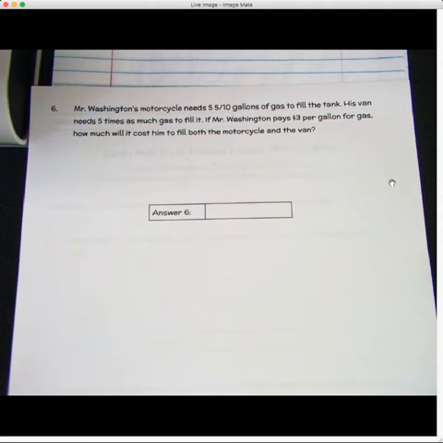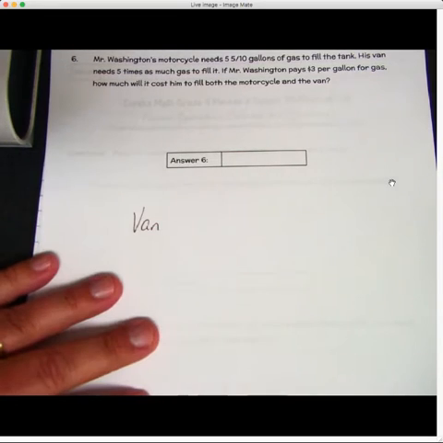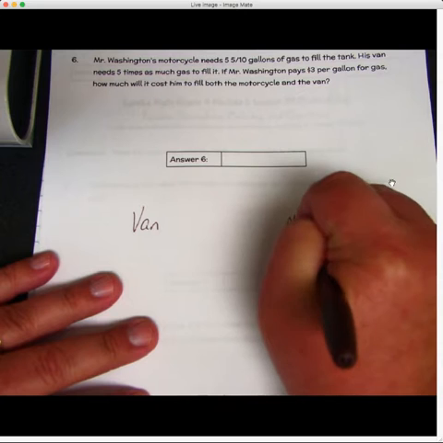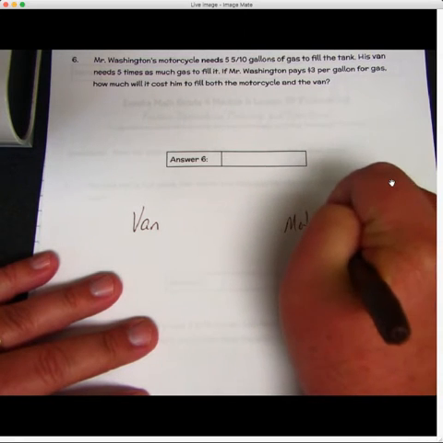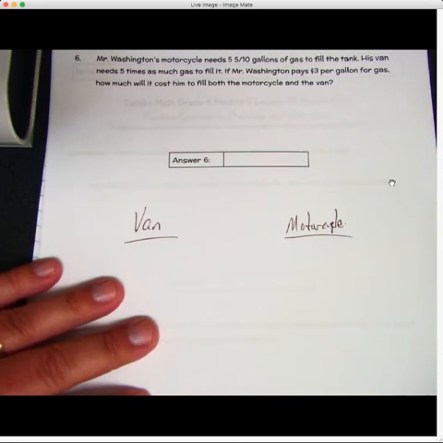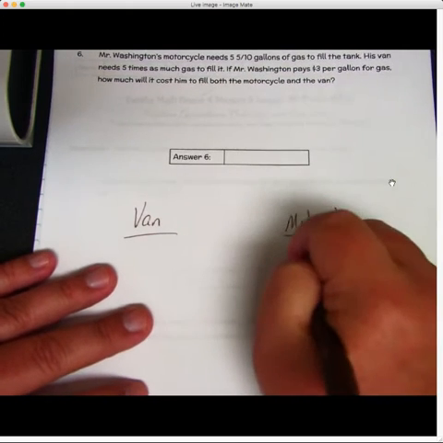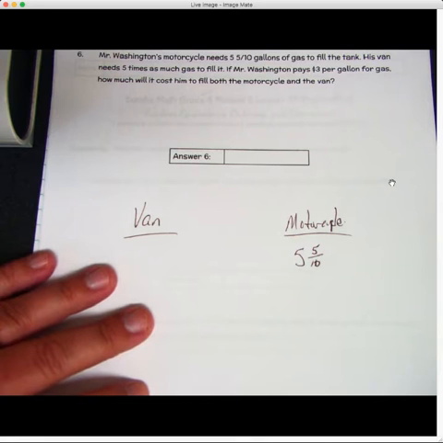All right, so here's what we've got. We've got a van and we've got a motorcycle. We only know how many gallons the motorcycle needs. The motorcycle needs 5 5/10 of a gallon to fill the gas tank.